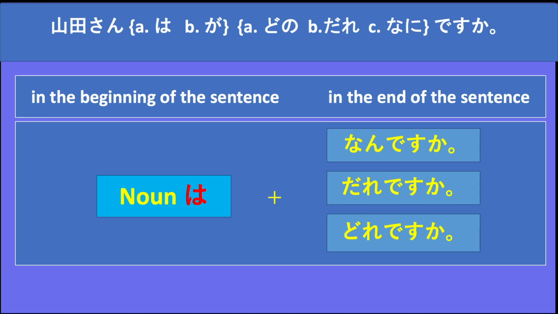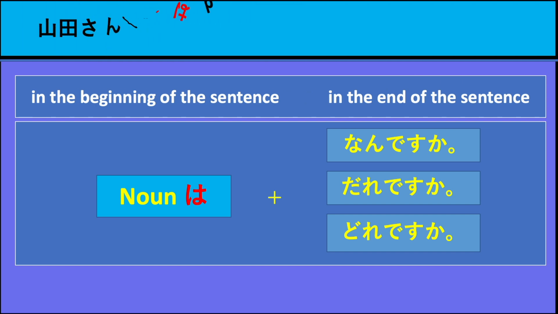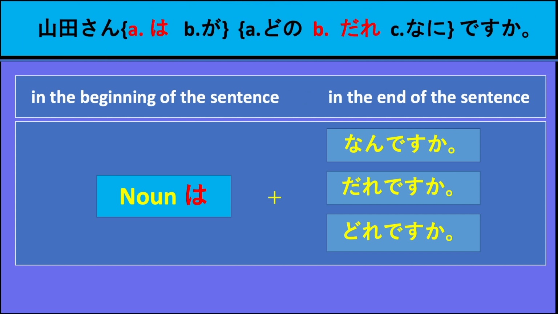Noun は何ですか, noun は誰ですか, noun はどれですか. Look at the question: 山田さんは、が、どの、誰、何ですか. 誰ですか is the correct answer, right? 山田さんは誰ですか is the answer.